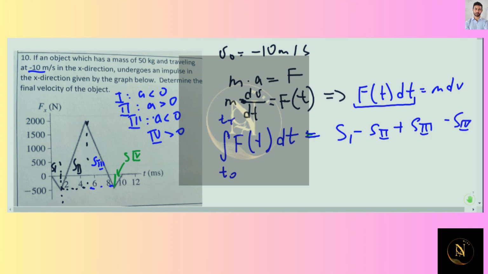S1 equals S4 because it's symmetric, and S2 equals S3 because it's also symmetric. Therefore this integral equals 0, and the final speed equals the initial speed, which is negative 10 meters per second.